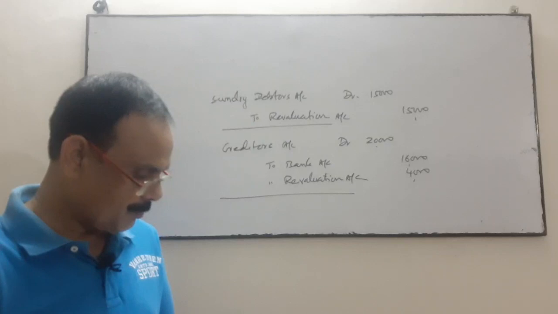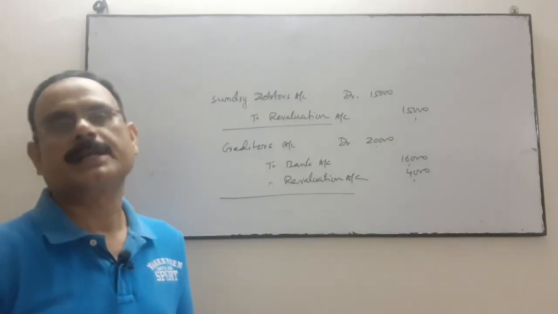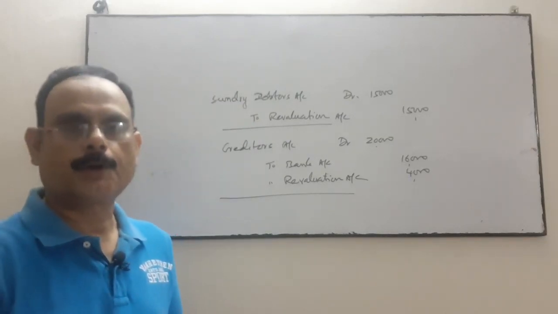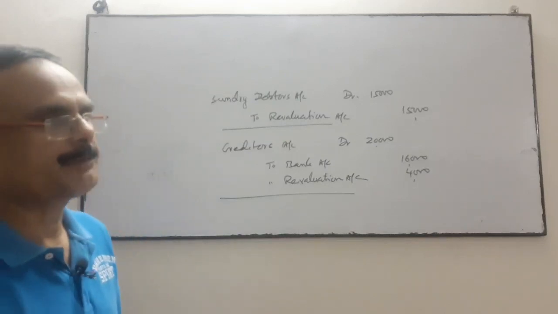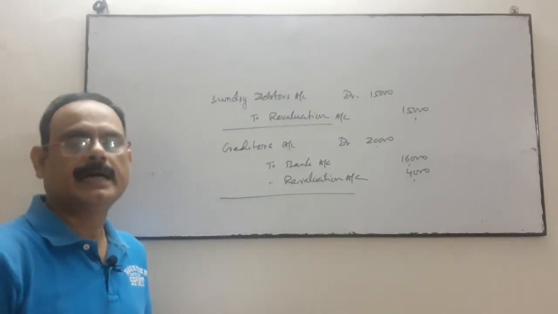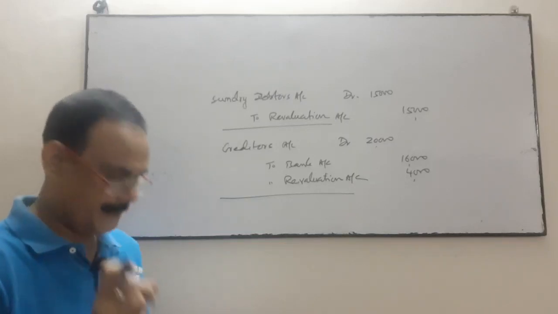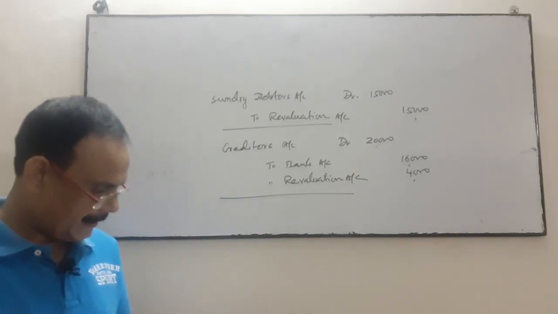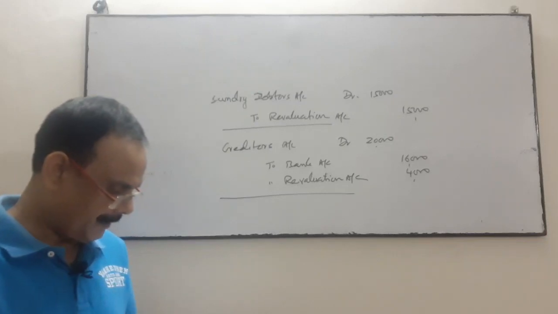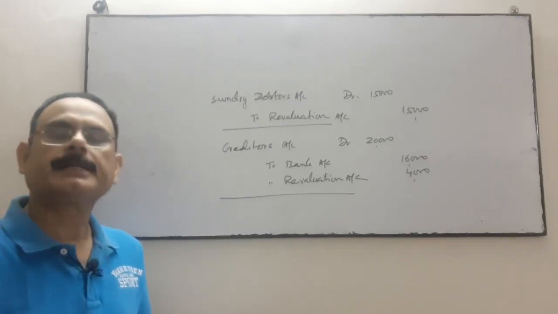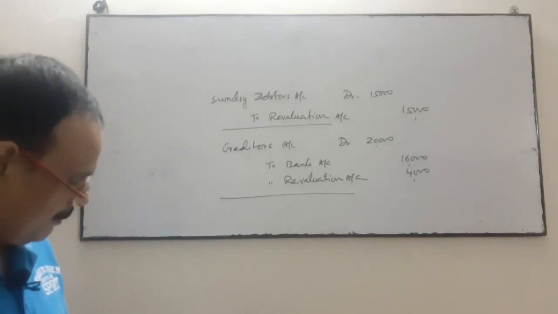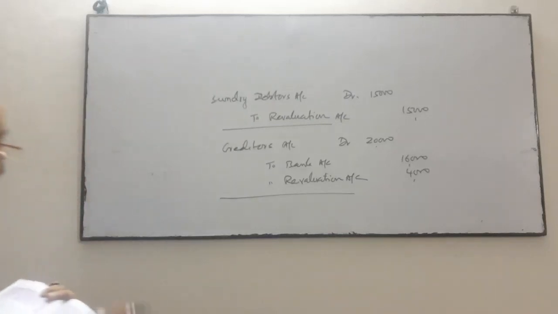It is to be brought into account on 31st March 2018. Brought into account means in 2018 we consider it again as a capital expenditure, as office equipment, charging depreciation at the rate of 10% per annum on written down value basis.